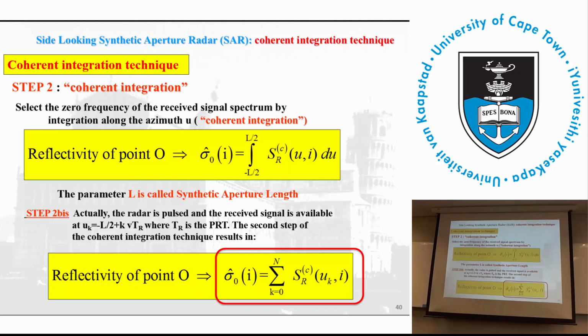Well, to be honest, here I also have to say that what you actually estimate is not really directly sigma 0. What you're estimating is something that is proportional to sigma 0. Have you ever heard of calibrated radar? Calibrated radars are radars that are able to measure sigma 0, the real RCS of targets. To do that, you have to calibrate a radar on known targets of which you know the RCS.